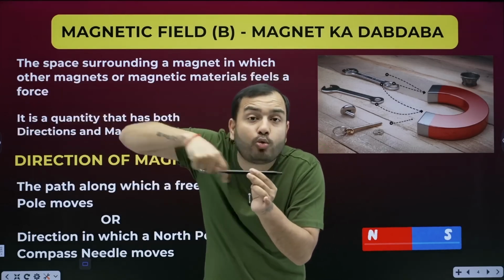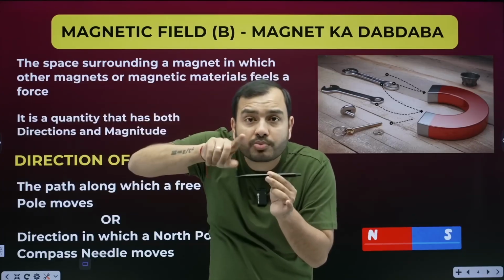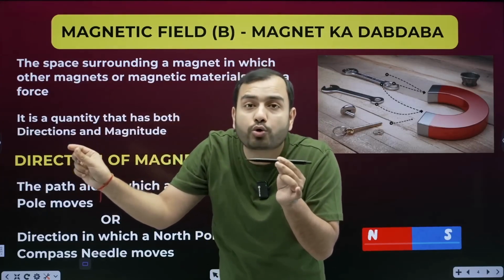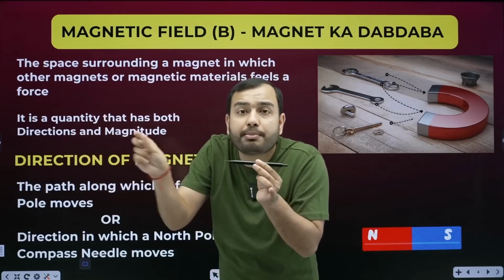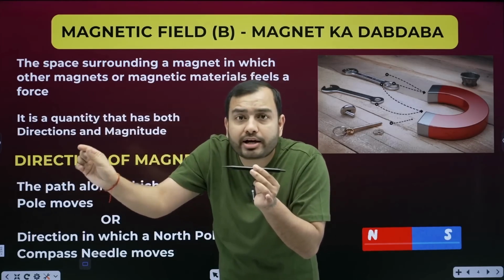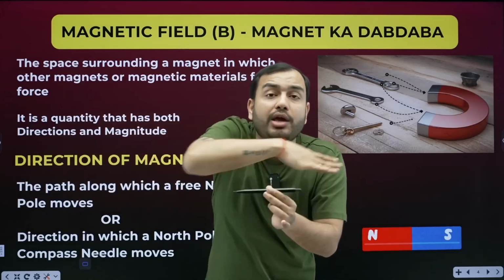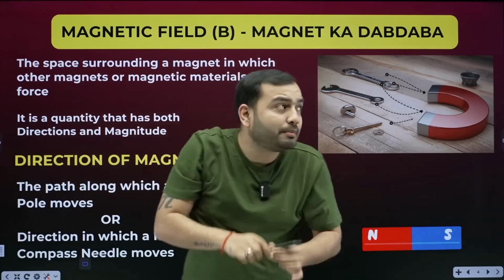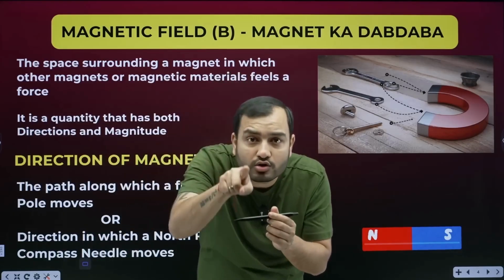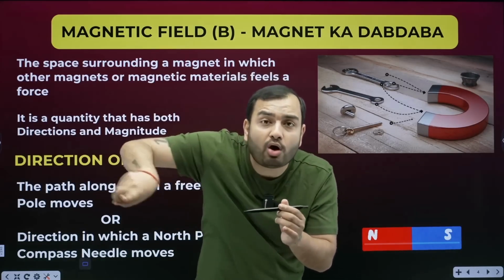The space around the magnet in which other magnetic material feels a force. If magnetic material is put there, what will happen? Force will apply on it. Or if another magnet is kept, force will apply on it. So the area around the magnet where the magnet's dominance is, where the magnet can apply force on other things, what do we call that whole area?